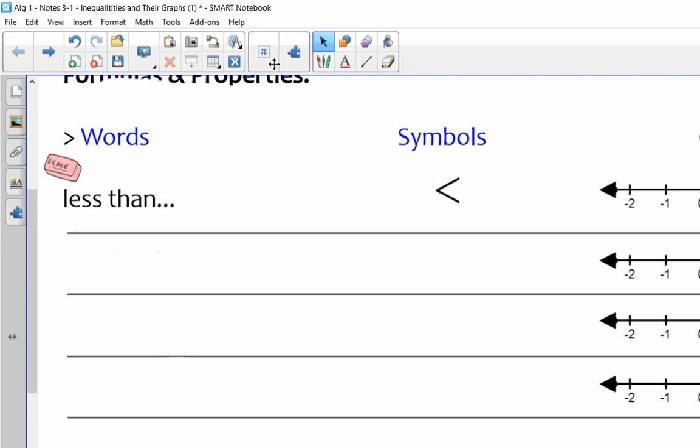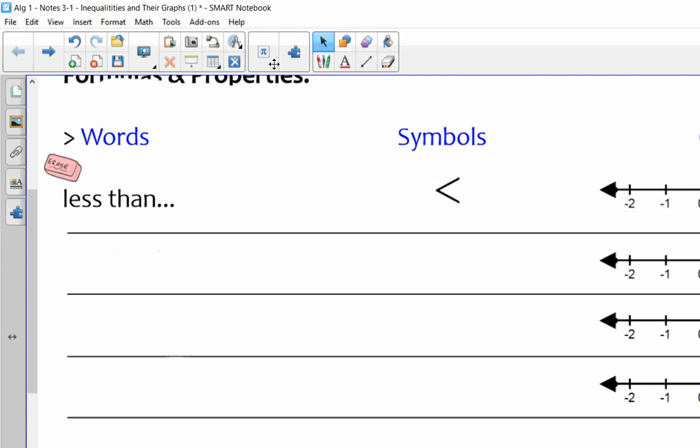So if you could write down less than and then the symbol, and draw this number line graph. When I draw number lines, I just draw a line and I always put 0 on it. That's really all I do if I'm just sketching it, so don't try to make a super elaborate one, okay? But we're going to graph some stuff here so we understand how to do it properly, okay?